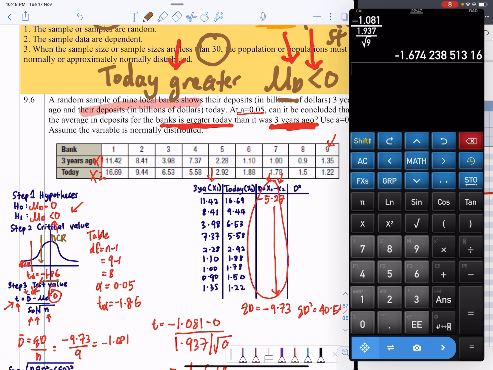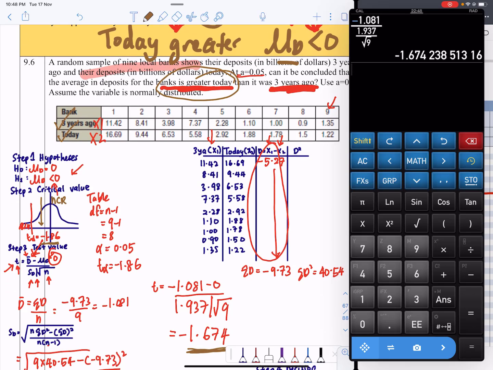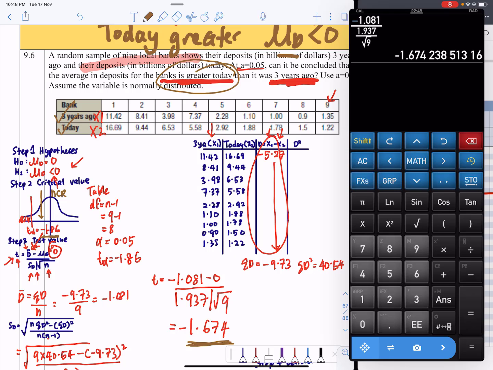That means 3 years ago and today are not different. They are equal. Deposits in the bank today are not greater; today is similar to the past. That's how you do 9.6.